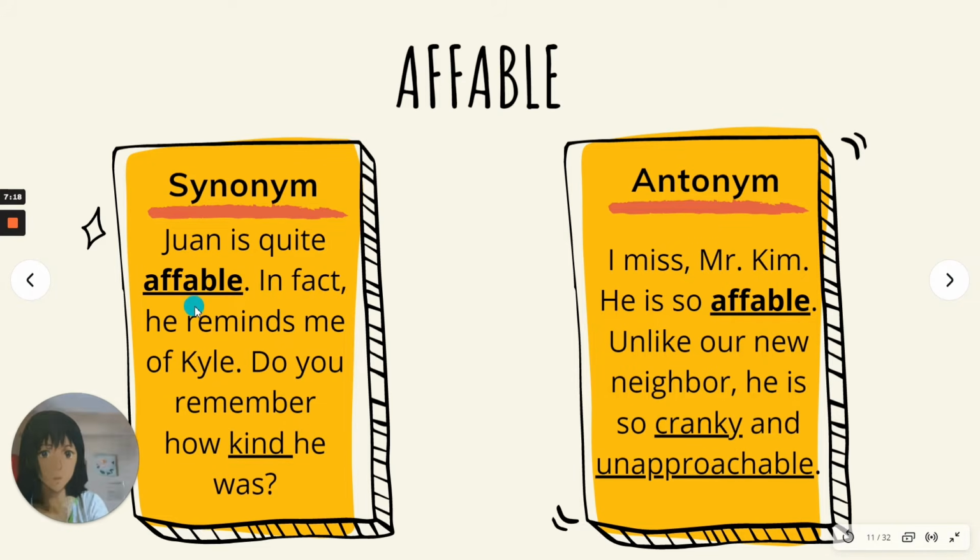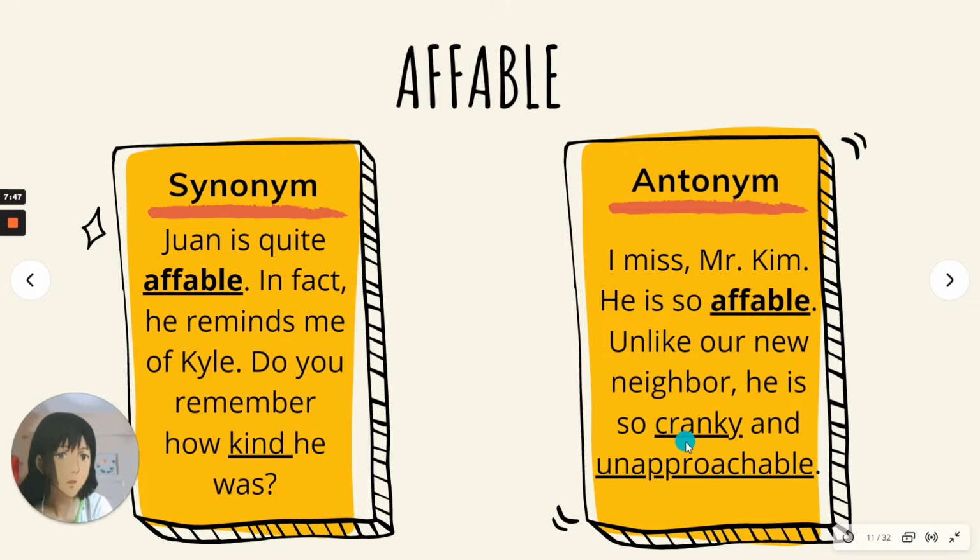How about this sentence? "I miss Mr. Kim. He is so affable. Unlike our new neighbor, he is so cranky and unapproachable." So what do you think is the meaning of the word affable? Remember, there is the word unlike. Which means affable is not cranky.